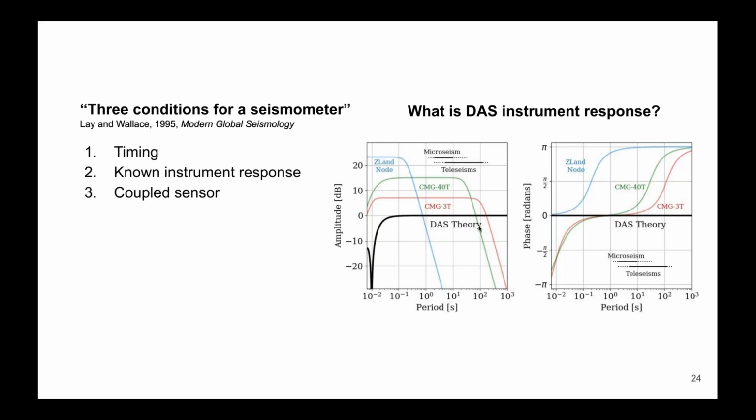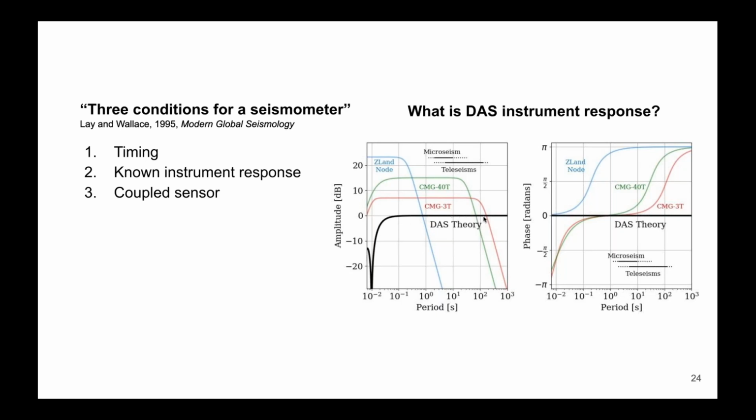So different instruments, shown by the different curves, in terms of amplitude and phase response over period are plotted. The DAS has this notch at the higher end because, as I said, we have a fixed gauge of 10 meters over which we're looking at the strain. That leads to a notch at the higher frequencies due to the phase velocity, which would lead to zero strain across that gauge.